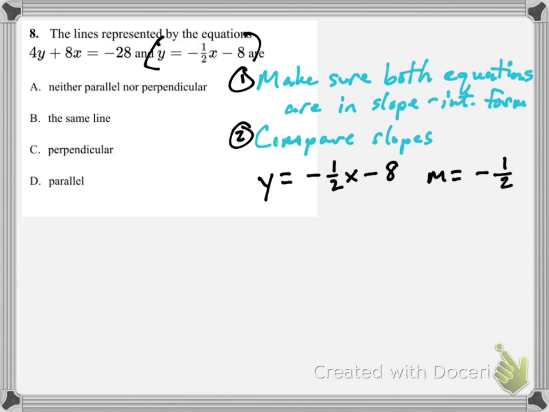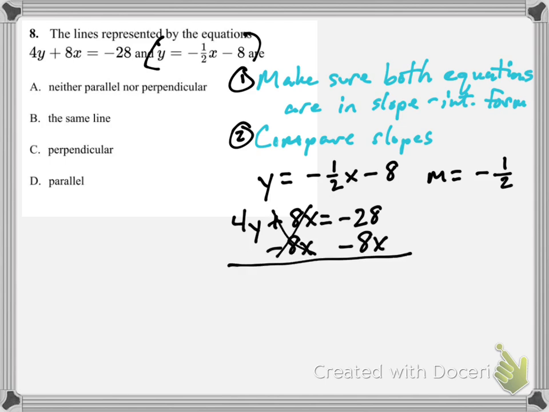Well, here's the thing. The other equation, 4y plus 8x equals negative 28, is not in slope-intercept form. So we have to put it in slope-intercept form. So I minus 8x to both sides. Divide by 4.